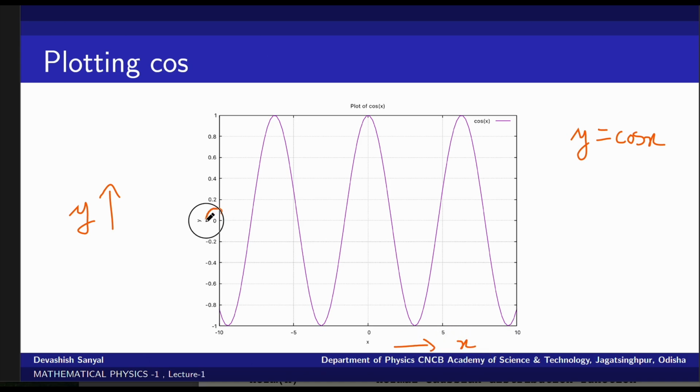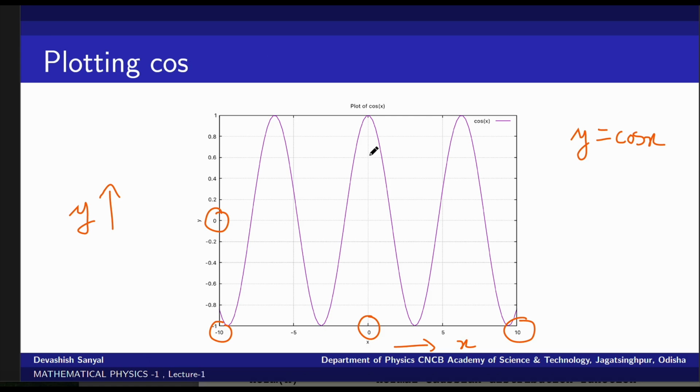This is the 0 on the y, and this is the 0 on the x, and again this is minus 10 on the x-axis, this is 10 on the x-axis. And you can see that at x is equal to 0, cos 0 is 1, so you can see perfectly.